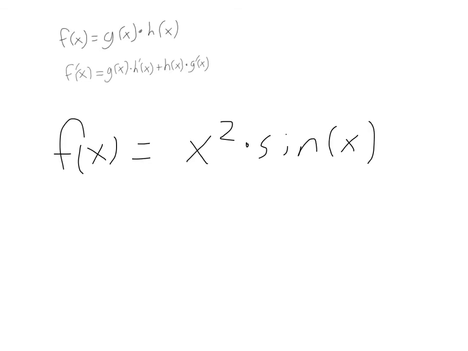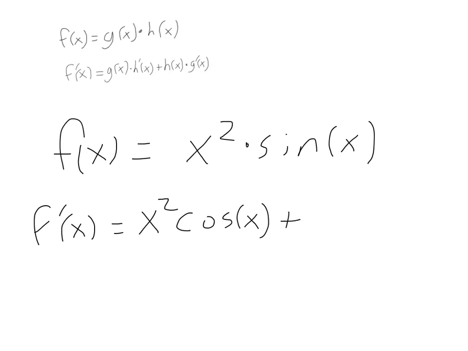So one function is going to be g of x, and this is going to be h of x. In order to take my derivative, f prime of x, I take the first function, x squared, and leave it just as it is, x squared. And then I take the derivative of the second function, and I know that the derivative of sine of x is cosine of x.